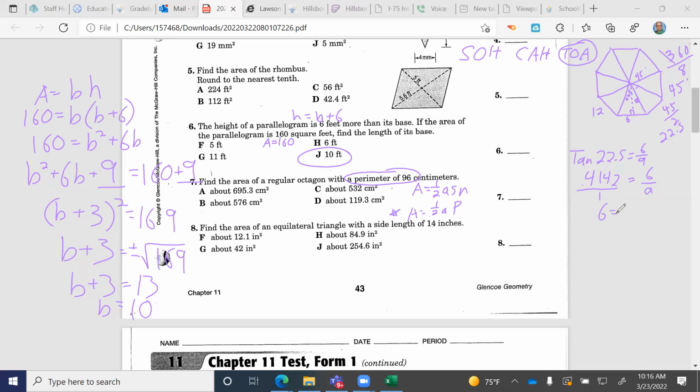On the other side, this value times A is going to be same value times A. And then we're just dividing that off. Now, are you still essentially doing the same thing as before? Yes. It's just another way to look at it. So 6 divided by 0.4142. All right. And yes, that's a lot of work, and we're not actually quite to the answer yet.